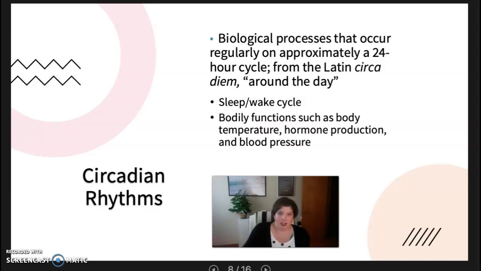By bodily functions, like it says on the slide, our body temperature, hormone production, and blood pressure all change over the course of the day. The book had a really great chart about which biological processes typically are happening at which point in the day, which I thought was really great.